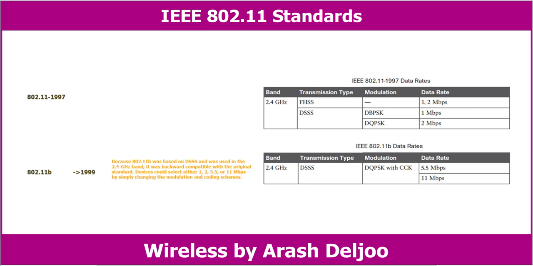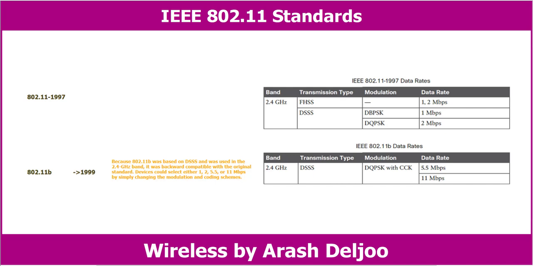Because 802.11b was based on DSSS and was used in the 2.4 gigahertz band, it was backward compatible with the original standard. Devices could select either 1, 2, 5.5 or 11 megabit per second by simply changing the modulation and coding scheme.